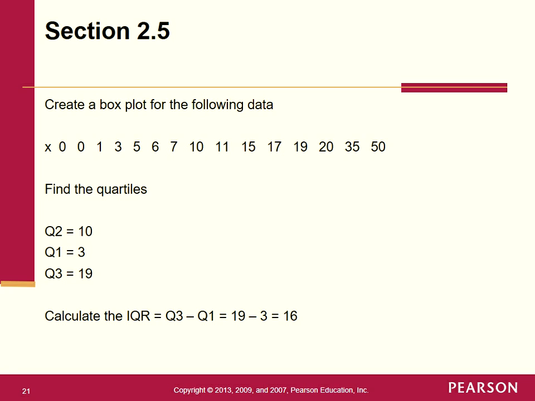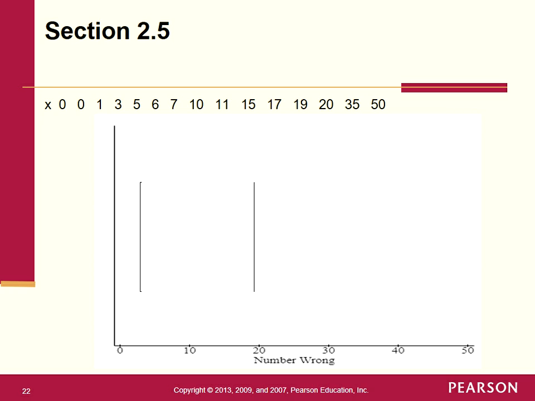Let's say that our variable is the number wrong on an exam that students had. We would go ahead and draw our axis on the bottom, where the values of the variable normally go when we draw these graphs.